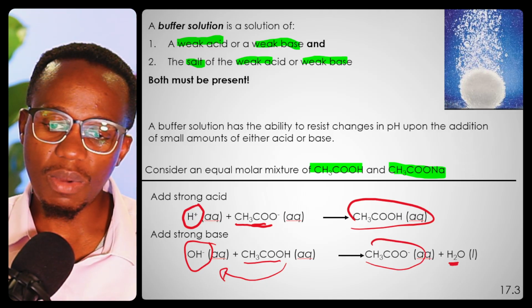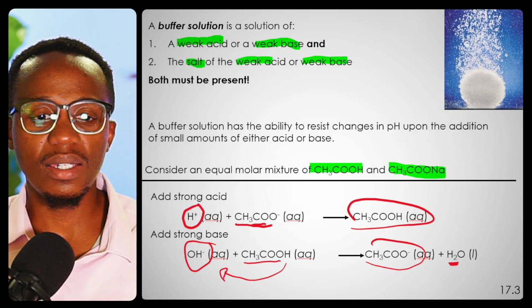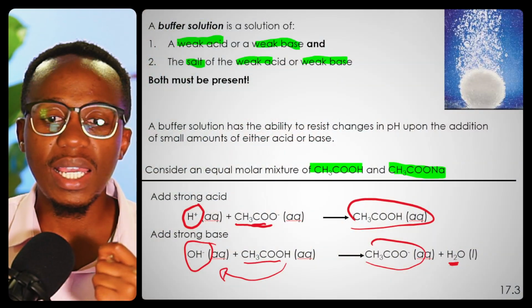One of my favorite questions, and a question that a lot of people are going to ask, is if they give you a buffer system, they will ask, if I add a strong acid to this buffer system, what happens? If I add a strong base, what happens? And you've got to know that it is going to be taken care of.